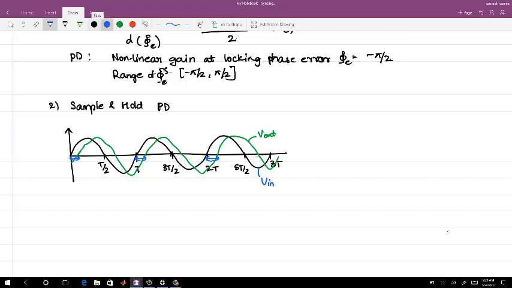So what can be done is I sample the input with respect to the rising edge of V out. Now I have drawn a sinusoidal V out, but V out can also be a square wave, because I am saying the switch should turn on at some point. So I sample at all the rising edges of V out.